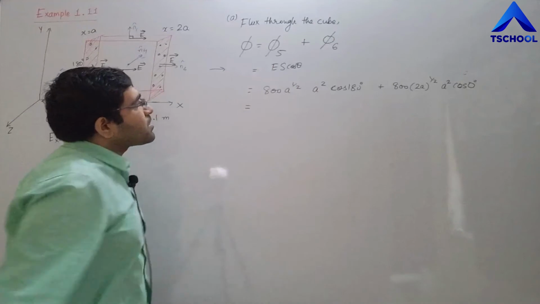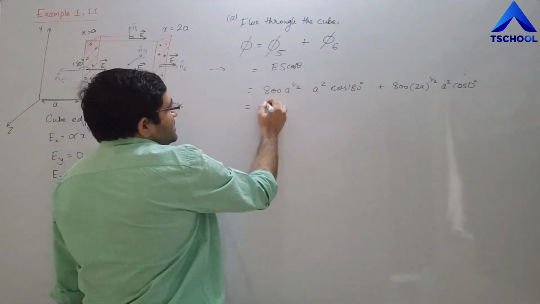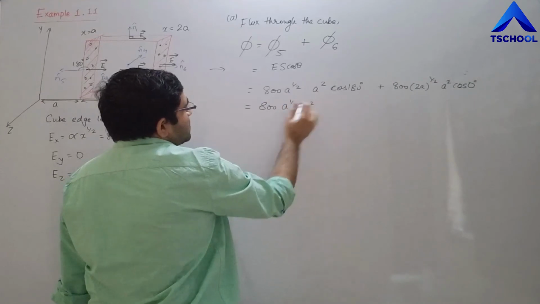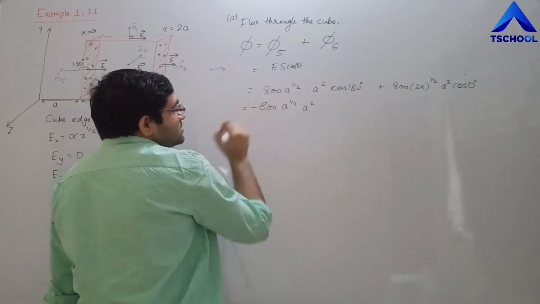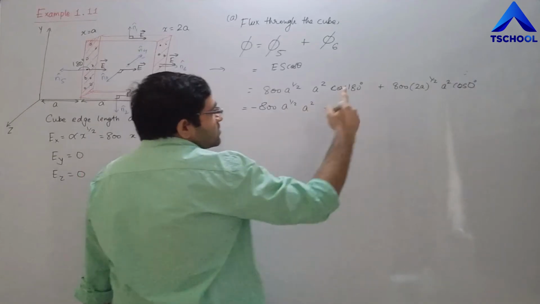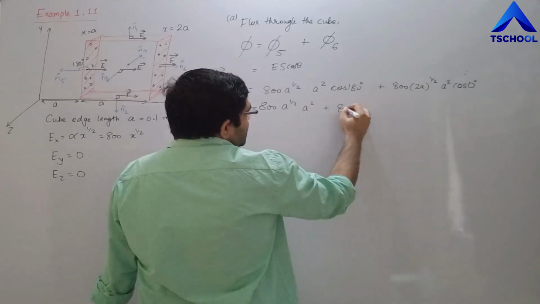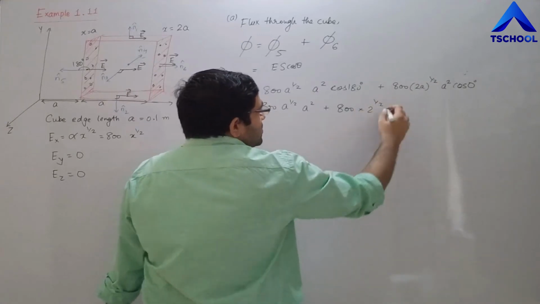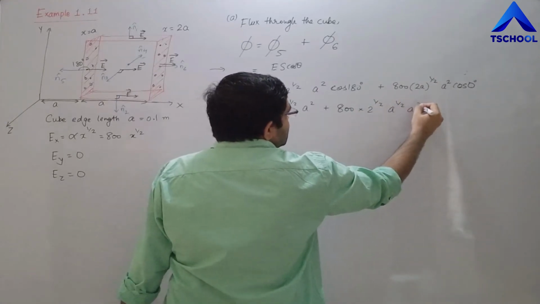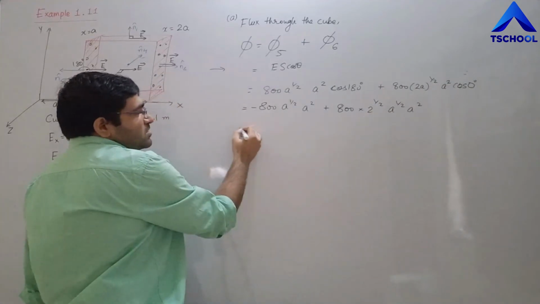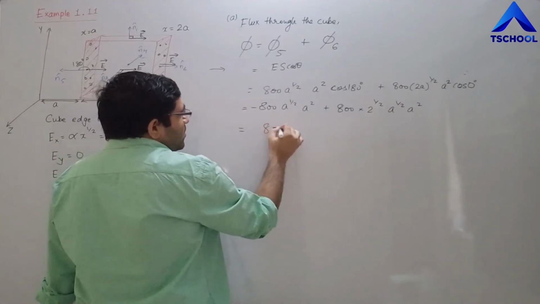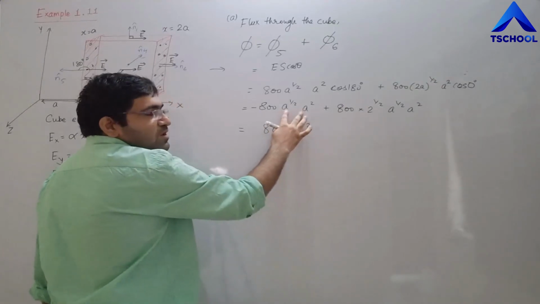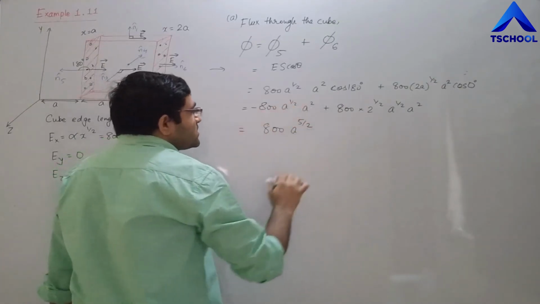So what we get? Well, 800 a raised to 1 by 2 a square cos 180 degrees minus 1 plus. Now over there, 800, I'm going to separate this one out. So into 2 raised to 1 by 2 or root 2 into a raised to 1 by 2 into a square cos 0 is 1, right? So we can take 800 common, we can take a raised to 5 by 2 common. I'm getting 5 by 2 by addition of the powers, right?